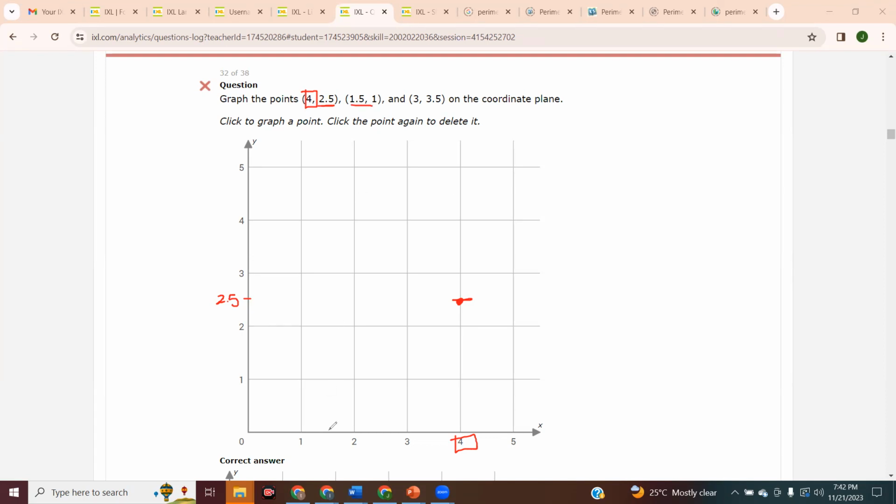So it's going to be 1.5 and 1, right there. All right. And then they say 3 and 3.5. So 3 and 3.5 is going to be right there. You understand? Yes, sir. Okay, good.